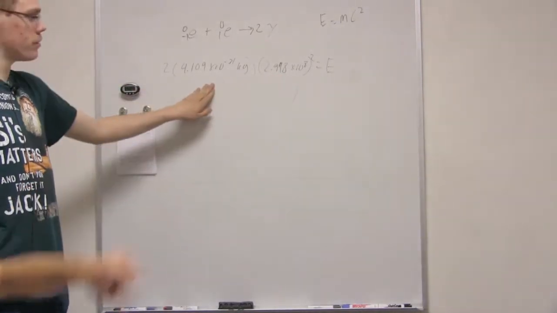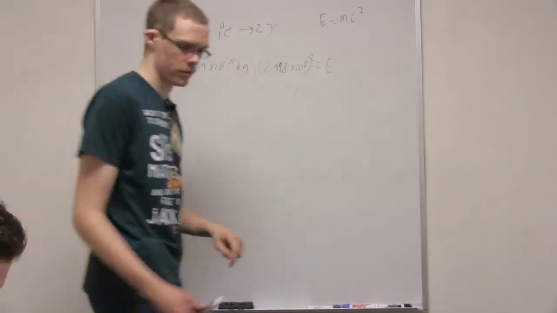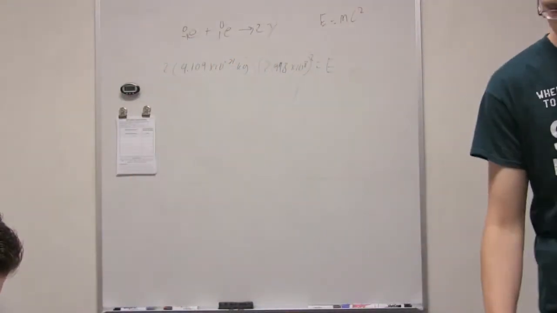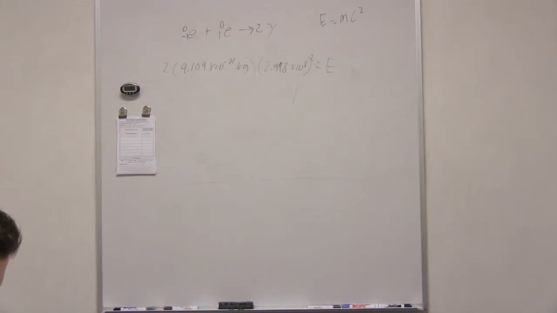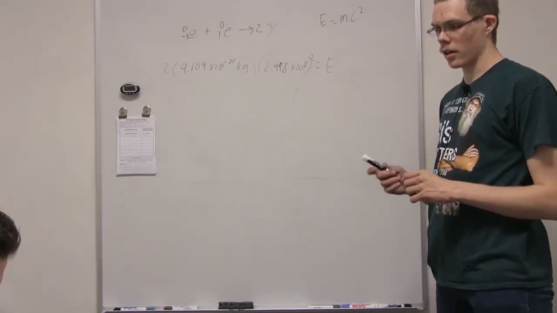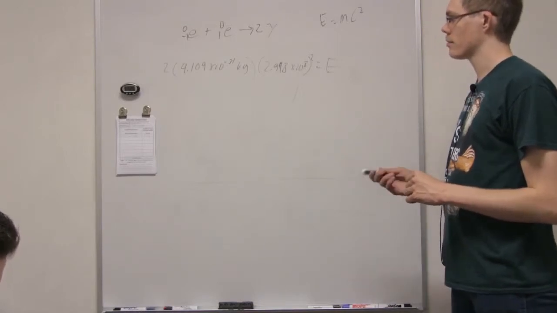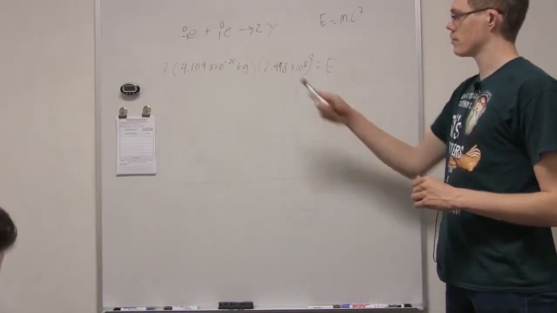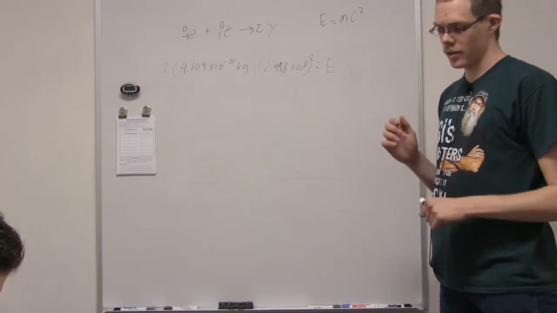Oh, you already have it plugged in for me, I see. Like 2 times 9.109 e to the negative 31st, and then times that by the speed of light squared.